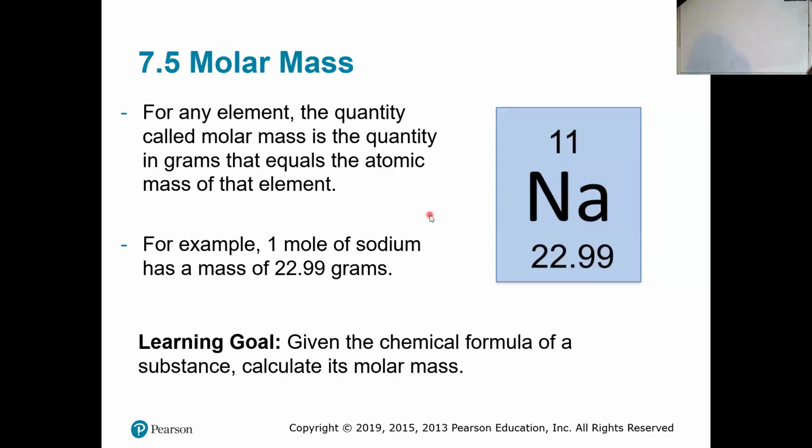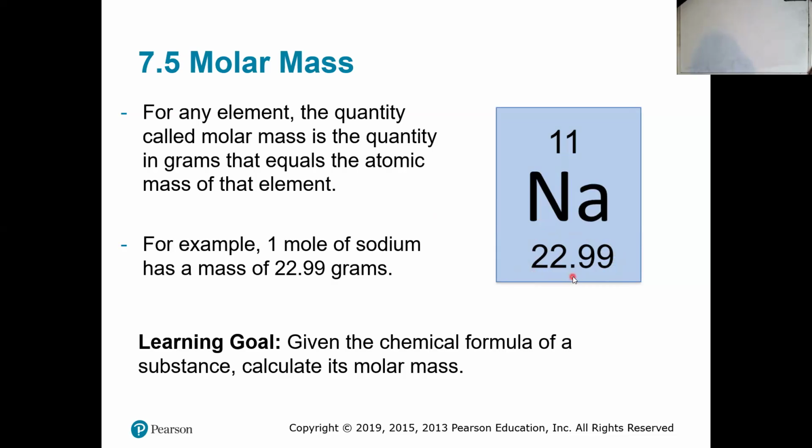We've looked at molar mass. Well, you've been looking at molar masses really all semester, every time that you've looked at your periodic table. When you looked at the atomic mass values that are on your periodic table, we've represented these in terms of AMU, or atomic mass units, before.